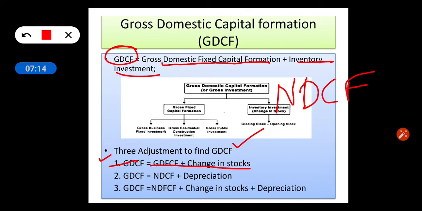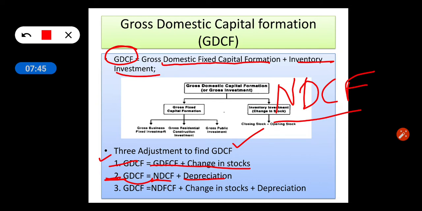Our ultimate goal should be to find out GDCF. So how can we find it from the value of NDCF? We know that NDCF is net domestic capital formation, and we have to convert it into gross domestic capital formation. So this is net and this is gross. To convert net to gross, we are going to add depreciation, right? So NDCF plus depreciation is your GDCF.